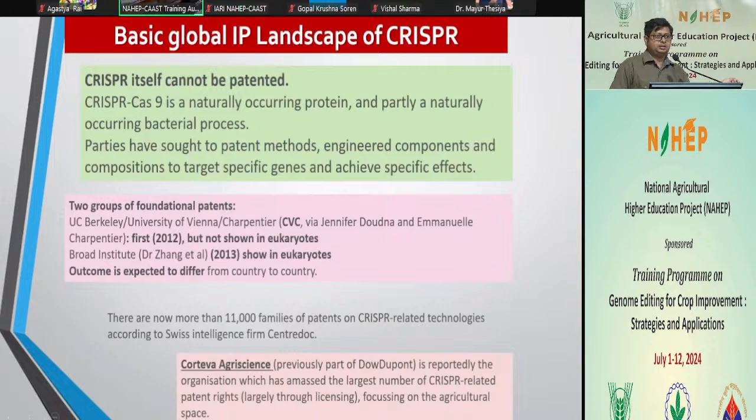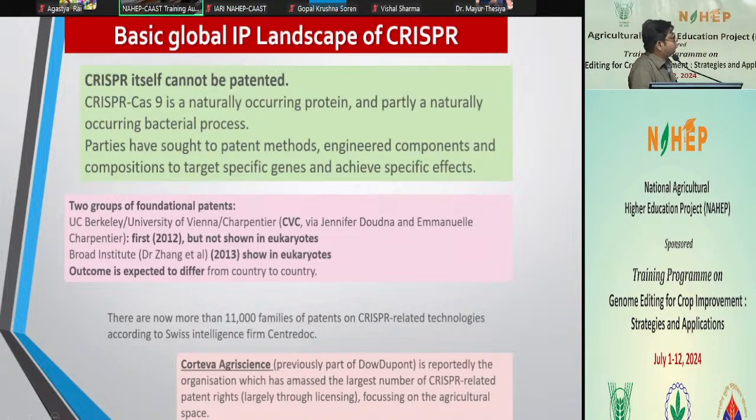Cas9 is also a naturally occurring protein, SpCas9, obtained from an organism. So even Cas9 cannot be patented. Neither CRISPR nor Cas9 can be patented. Then why are we having this lecture? Right?